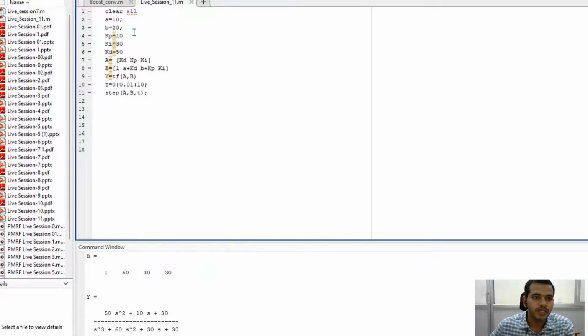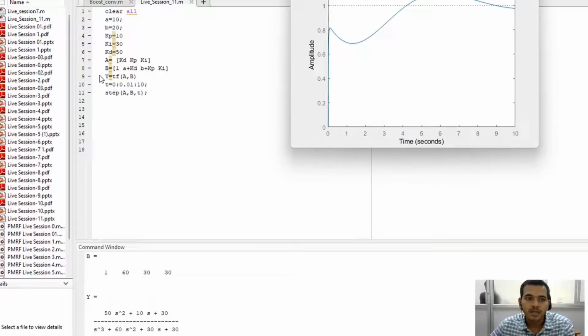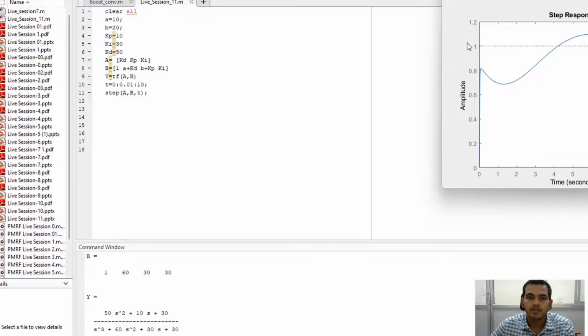You do the same thing in MATLAB and put the values of KP, KI and KD, and observe the response, the step response.